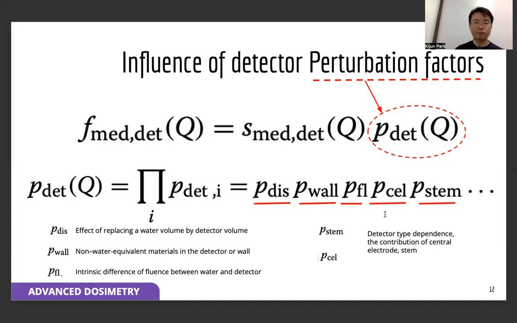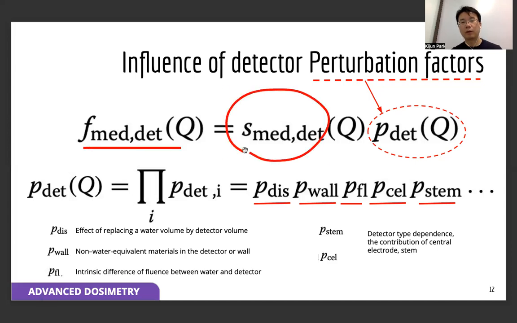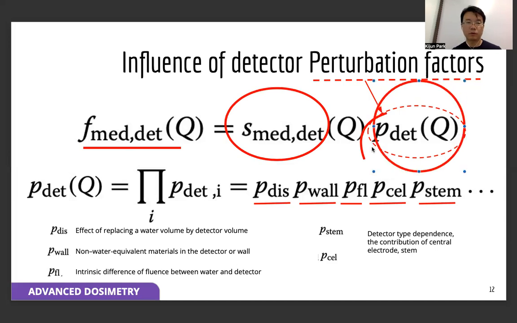But the main thing is that the conversion factors are multiplied by the stopping powers, and the perturbation factors should be taken into account.